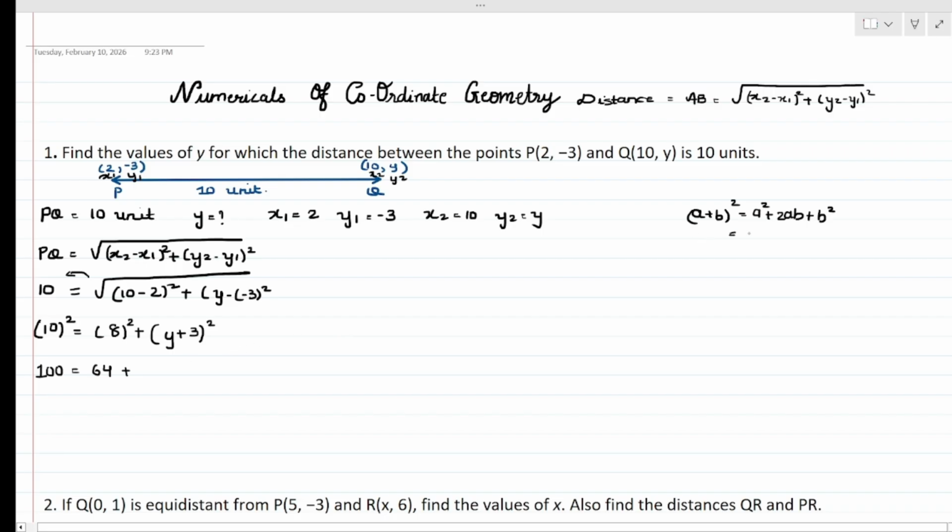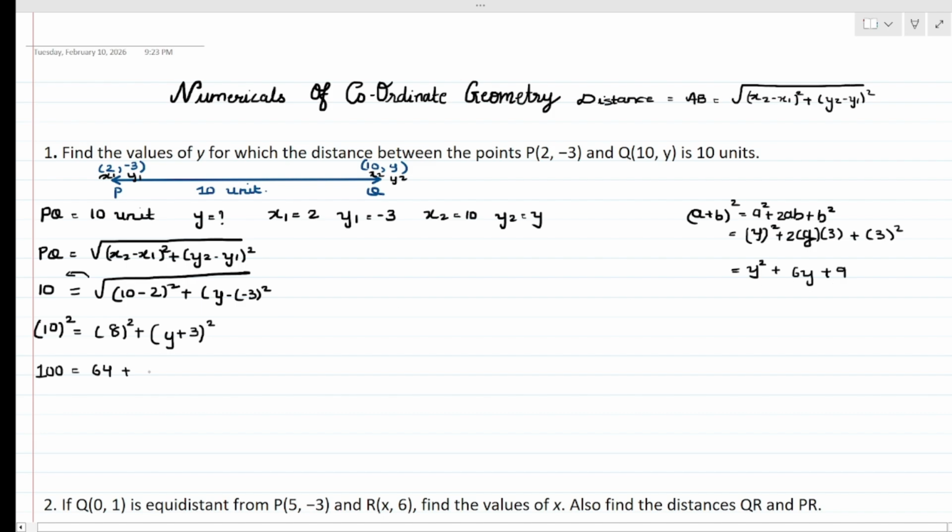So y the whole square plus 2 times y multiplied by 3 plus 3 the whole square. That means your final answer would be y square plus 6y plus 9.